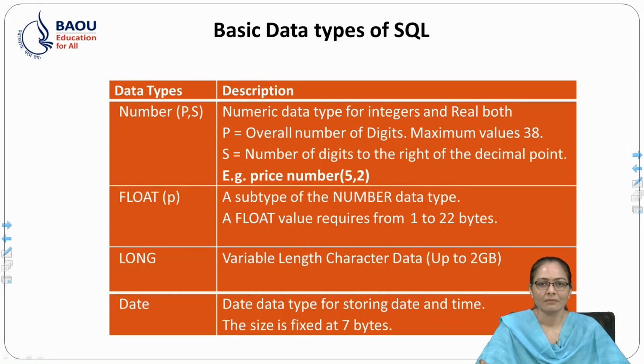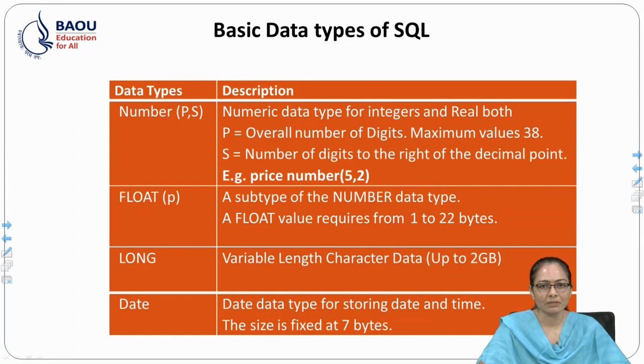Here we can store a maximum number up to 999.99. Suppose price is equal to 180.50. Then P, the total number of digits, is equal to 5, and S, the number of digits after the decimal point, is equal to 2.